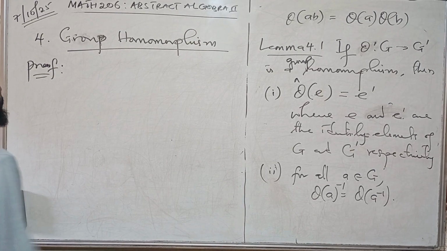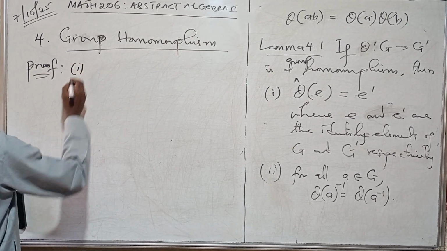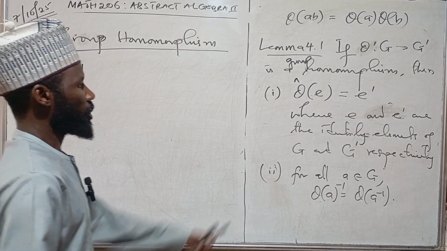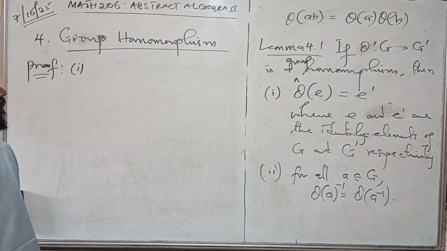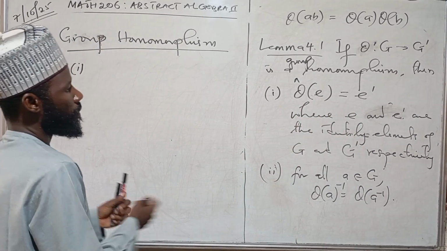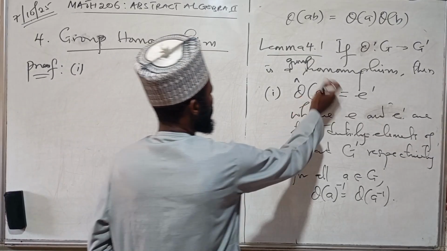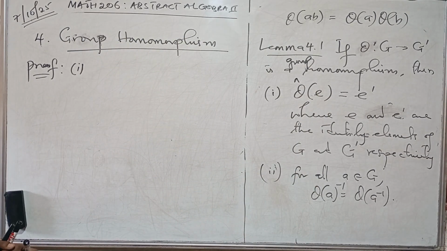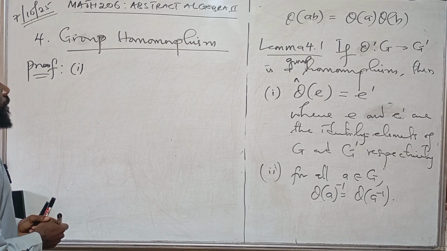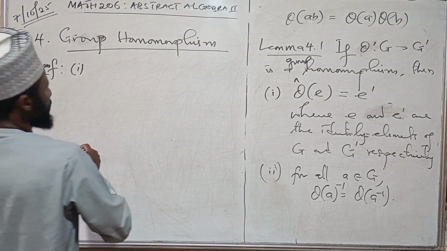Well, this is very simple. It is merely to check that if you take the identity, this will do the role of the identity. Or you can use the fact that E prime is the identity.